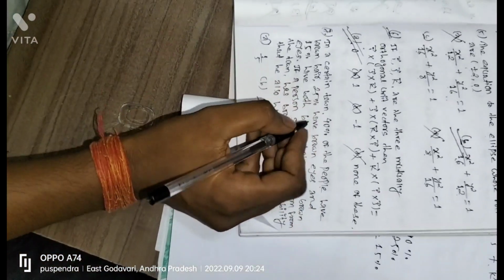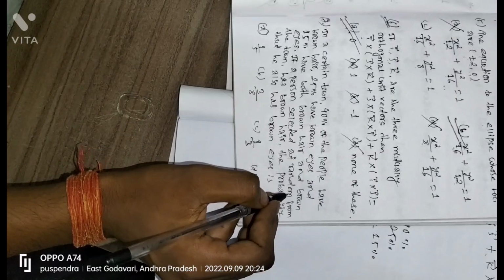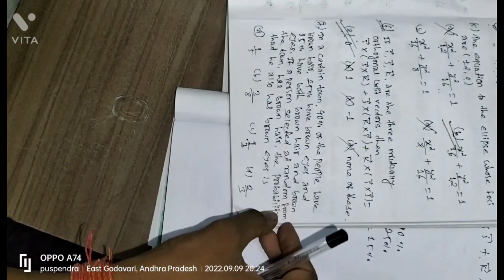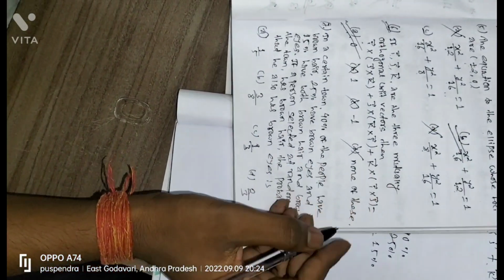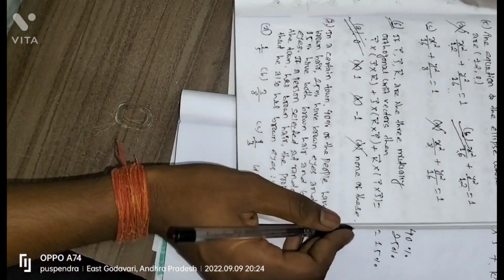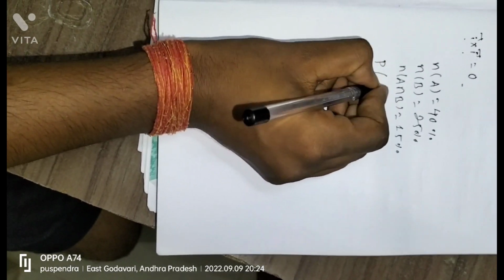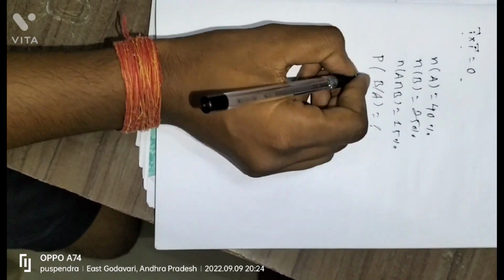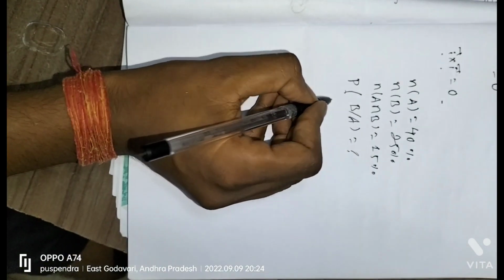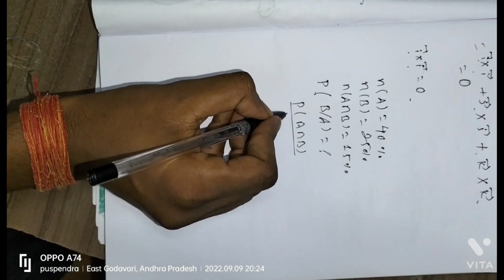Right. Now, what is the question telling? If a person selected at random from the town has brown hair, the probability that he also has brown eyes is, means they are telling us to find the probability of B given A. The formula for the person who has brown hair and brown eyes is P(A intersection B) divided by P(A).